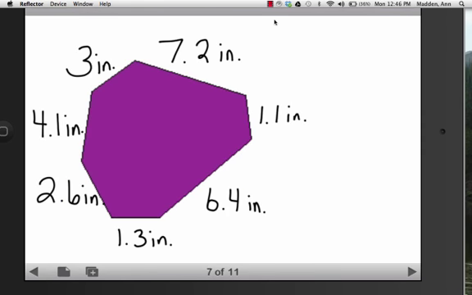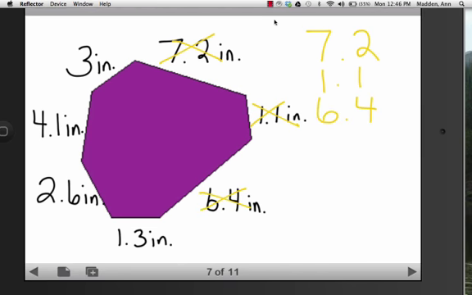Here's another irregular shape. In order to find the perimeter, you need to add up all the sides. 7 and 2/10. I'm going to cross them off here so I know that I've already written them down. 1 and 1/10. 6 and 4/10.